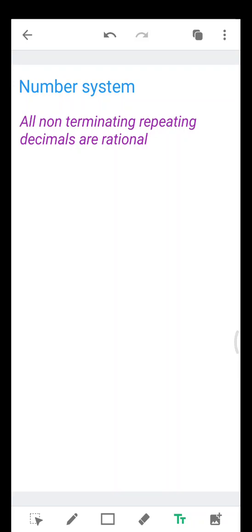So what are non-terminating repeating decimals? What do you mean by this term and why they are rational numbers? Suppose I take an example of a fraction 2 by 3. When you divide 2 by 3, let's see what happens here. 2 is not divisible by 3. 2 won't go in 3 table, so I'll take 0 point here and I can take 10 with the decimal.